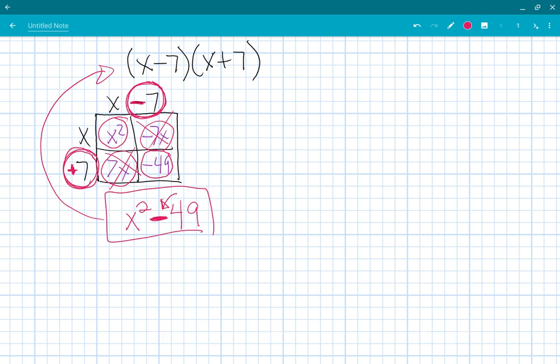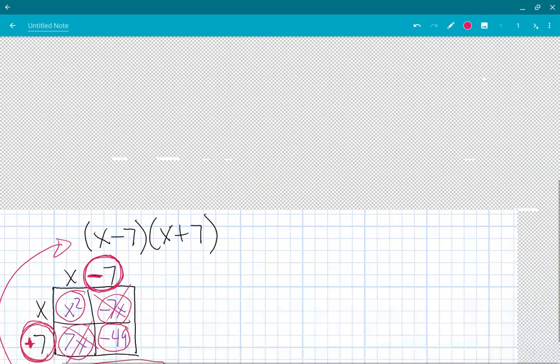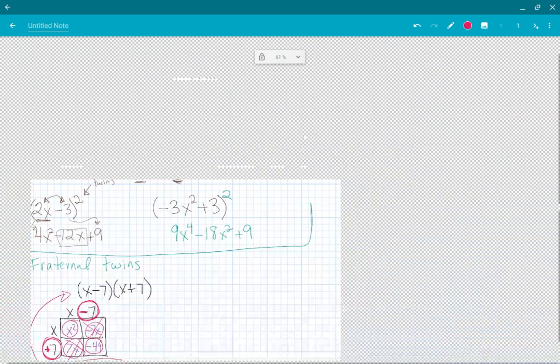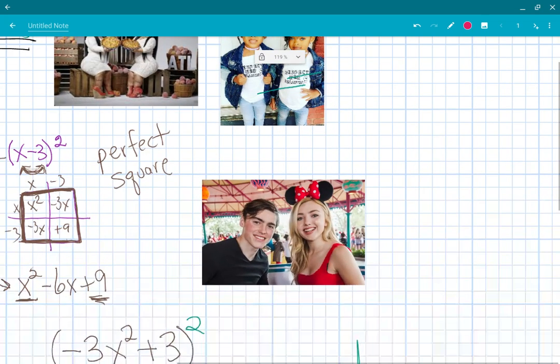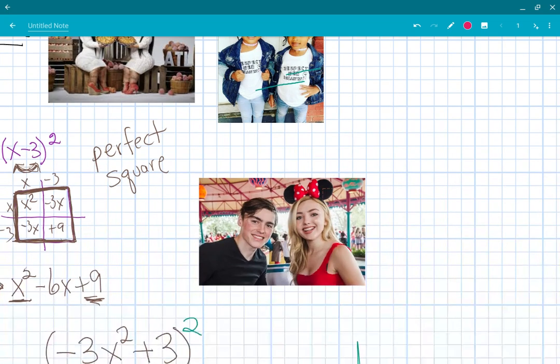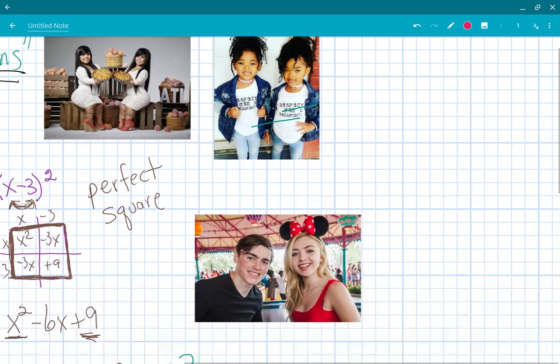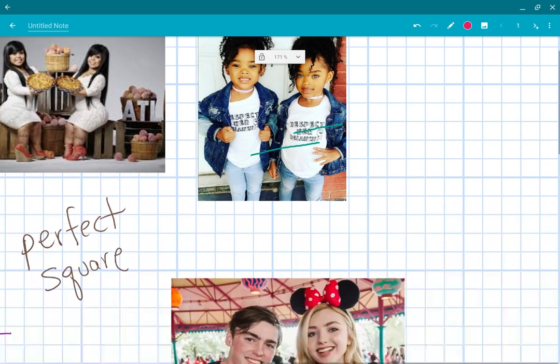What if it's two different numbers? Then they're not fraternal twins anymore. Good questions, right? So they have to be the same still. Yeah, and that's why I brought my little pictures of twins. These are my cute little girls, they're identical twins, right? They got to be the same.